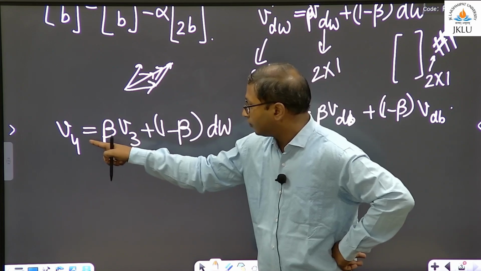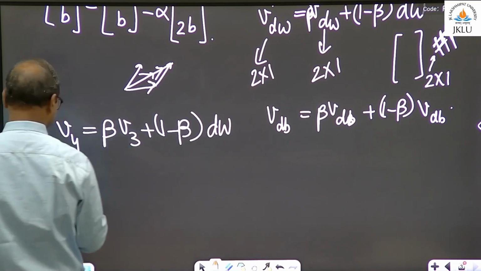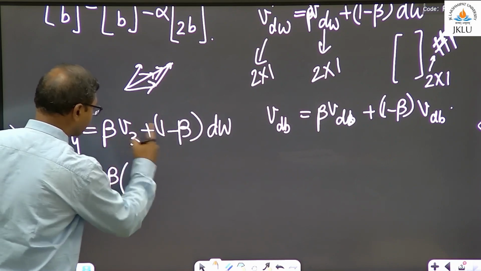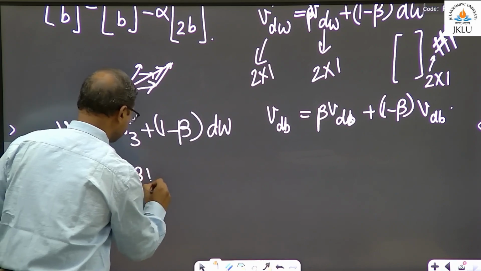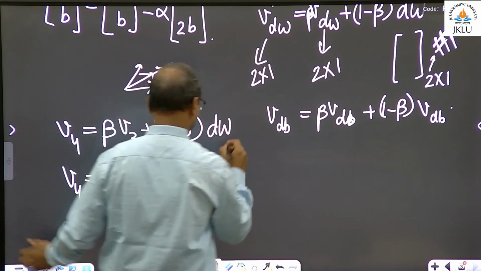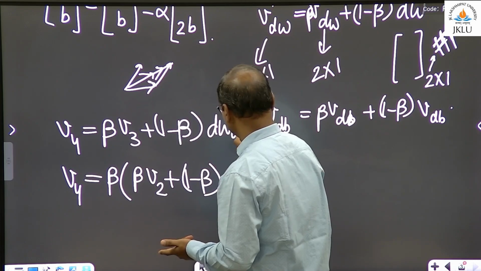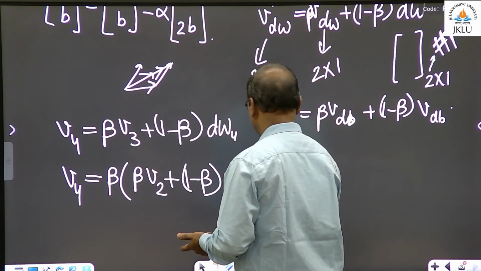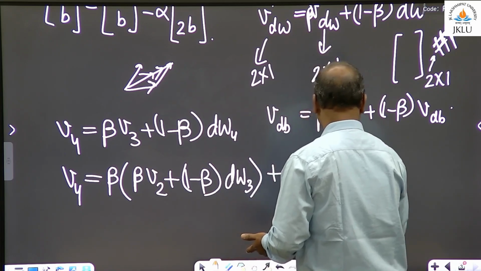Now, I want to write V4 in terms of V2. How will I do that? V4 equals beta times V3, and what is V3? Beta times V2 plus 1 minus beta times DW3, plus 1 minus beta times DW4.